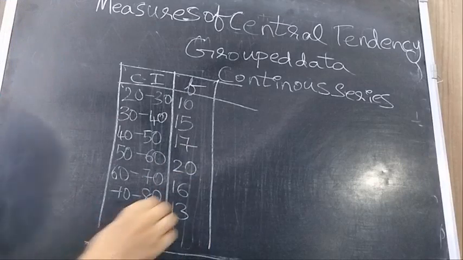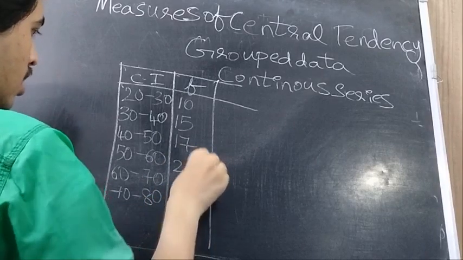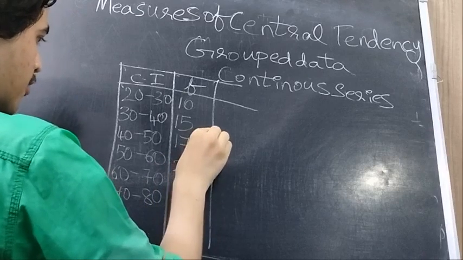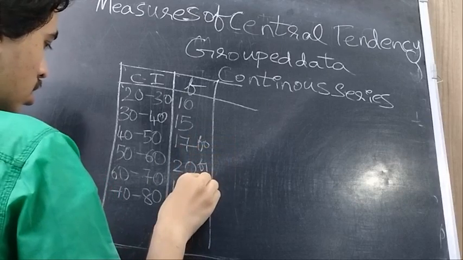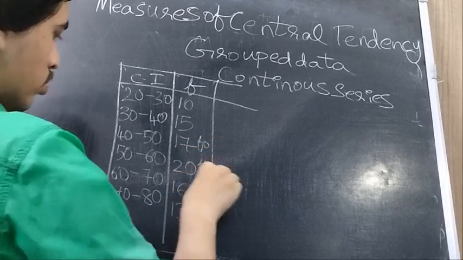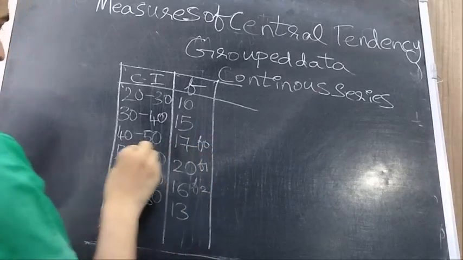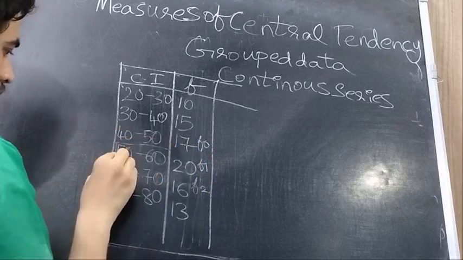Now the highest frequency, we have to keep it as f1, the one above the highest frequency is f0, and the one below that is taken as f2. The class coinciding with the highest frequency is the modal class. What is this?